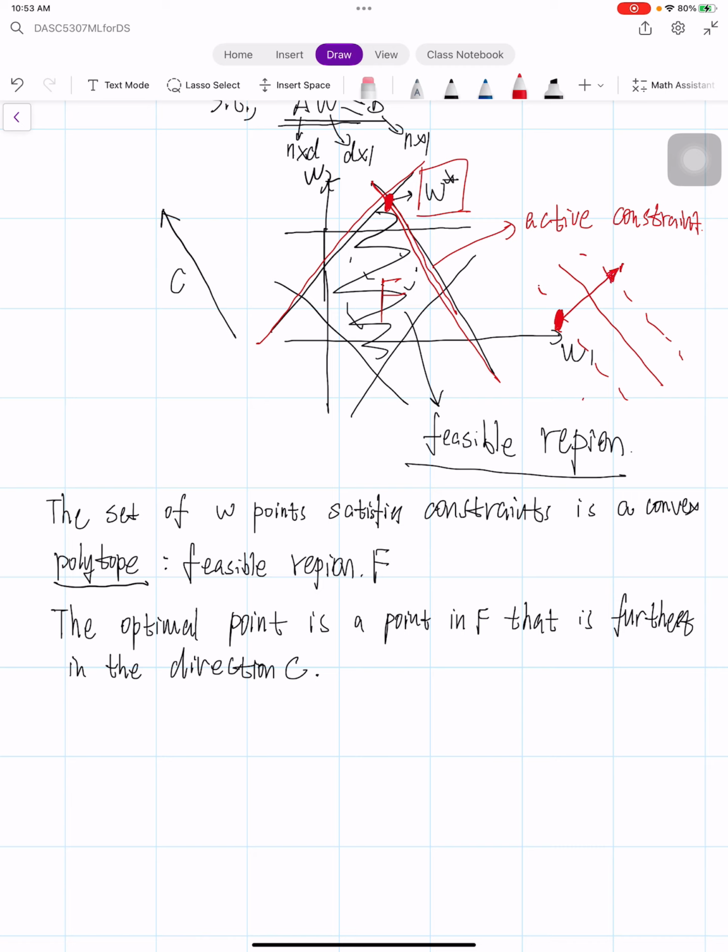Having slacks means those points are on the active constraints. So those points are called support vectors. Therefore, the classification algorithm we introduced in the last class is called a support vector machine.